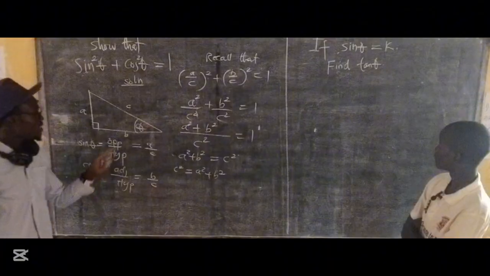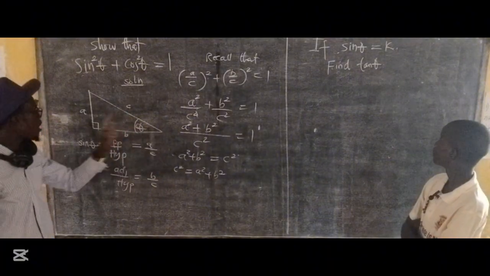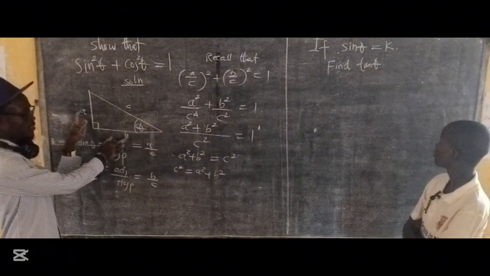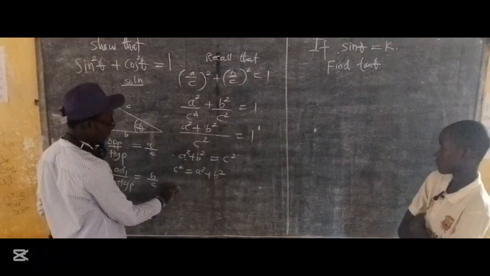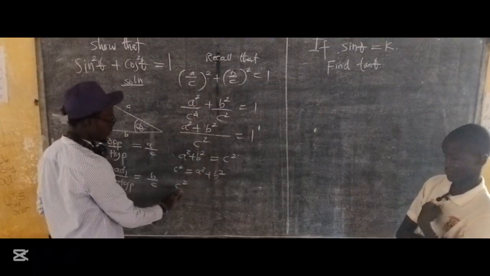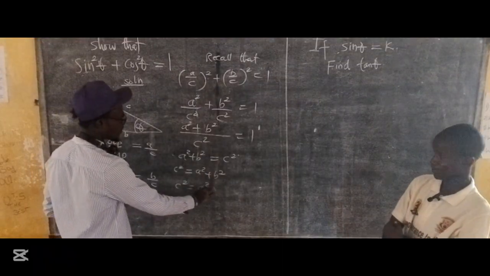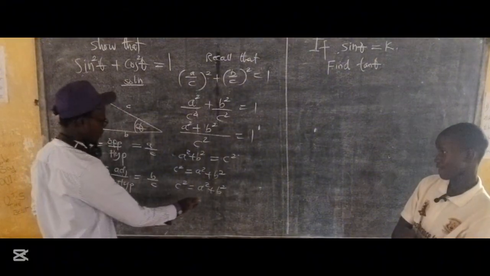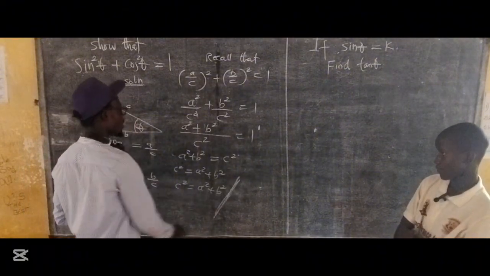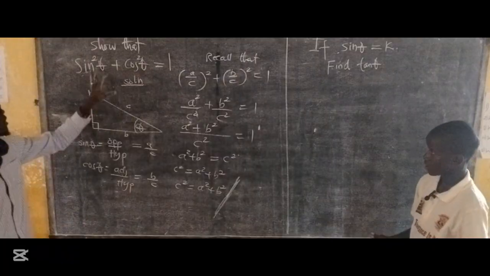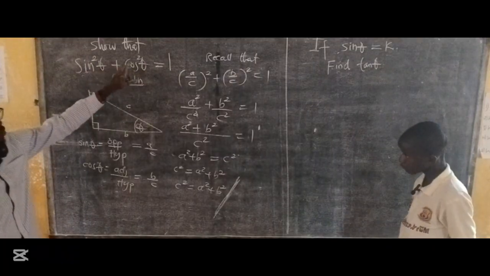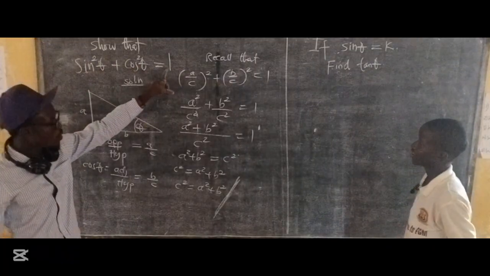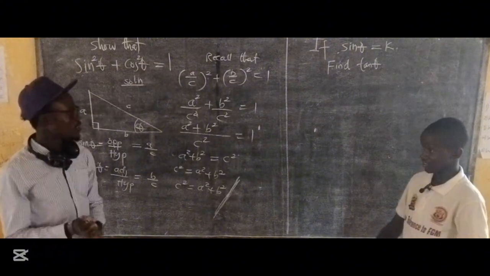So for the fact that C square is equal to the sum of the two other sides, therefore C square is equal to A square plus B square. So from this point, we have already shown that sine square theta plus cos square theta is equal to 1.